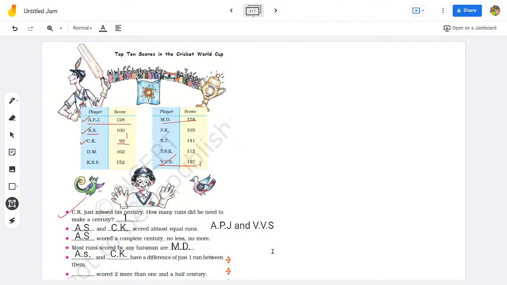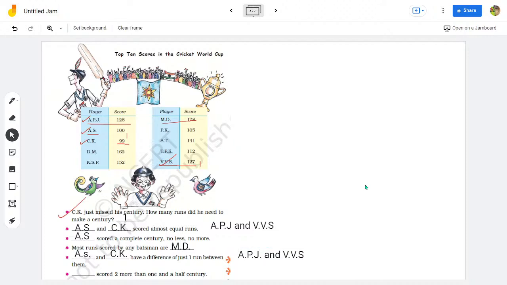Then we have another set, that is APJ and VVS. They also have a difference of just 1 run.